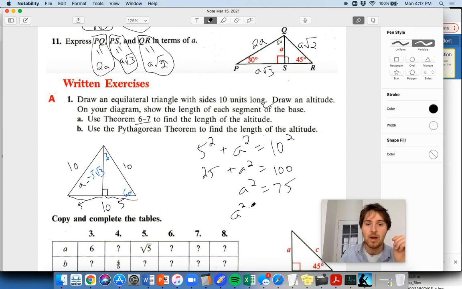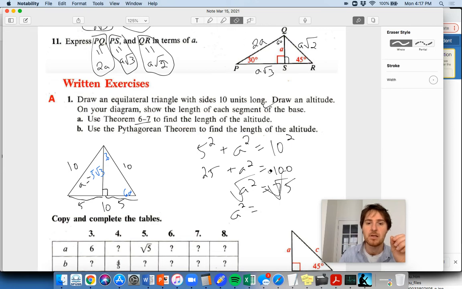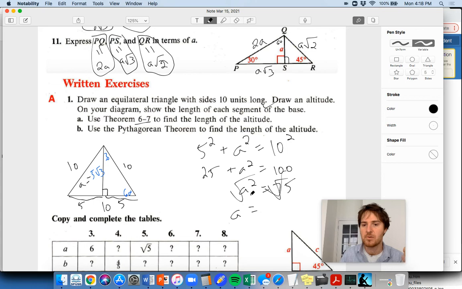So A squared equals, well, let's take the square root of both sides. Taking the square root of A undoes the squaring, so it's just equal to A. The square root of 75, well, another way we can write 75 is as 3 times 25 under the radical.